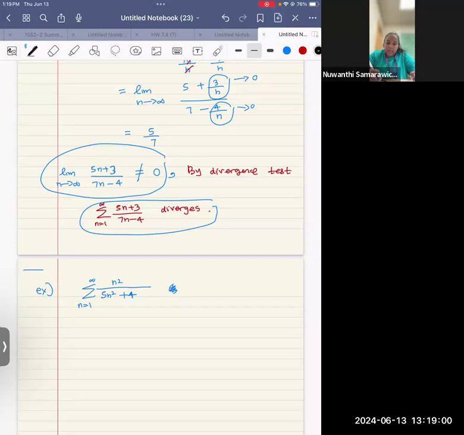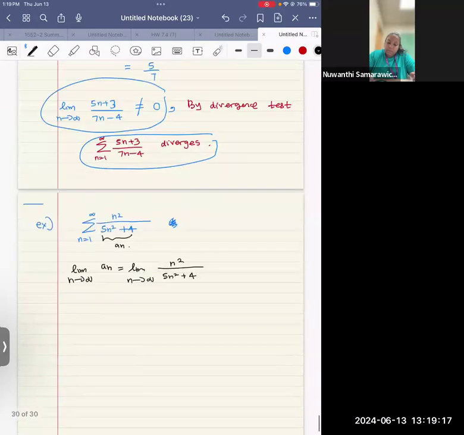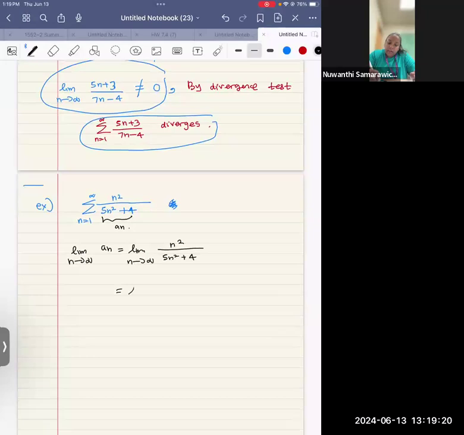The first step here is the limit. So this is your n term, and we have to check the limit of the n term. The limit of the n term is n squared over 5n squared plus 4. We can divide all the terms by the highest degree of n, which is n squared.